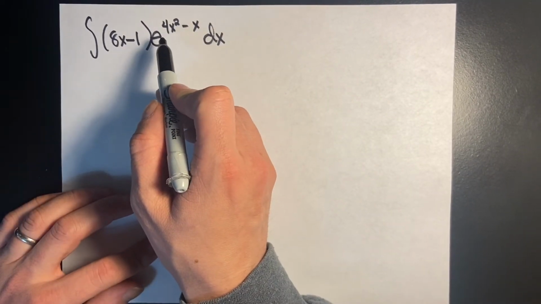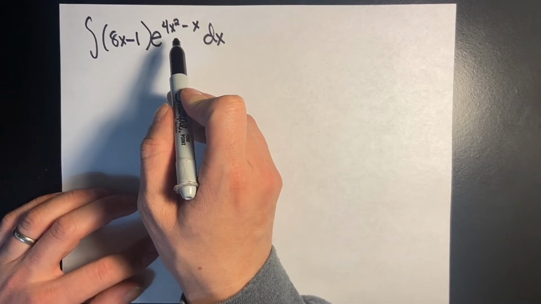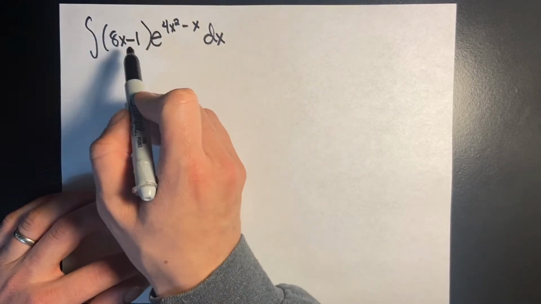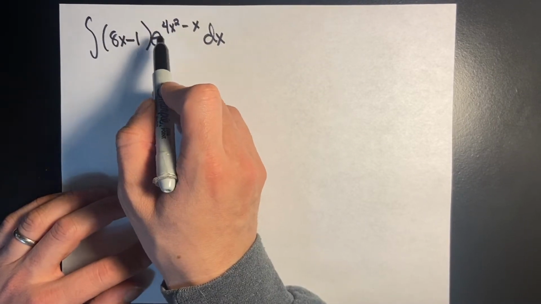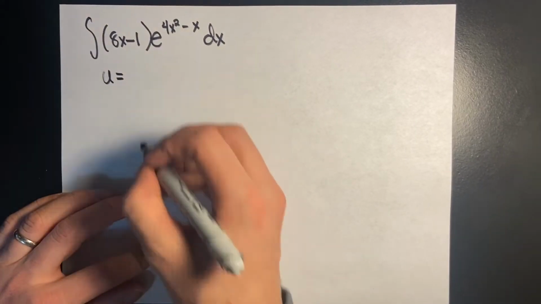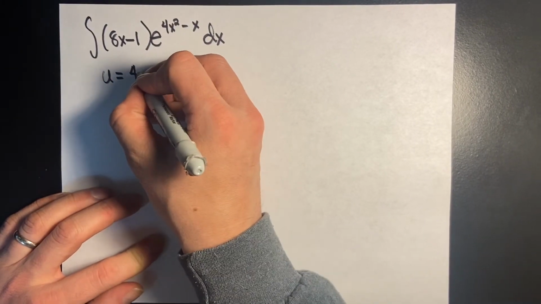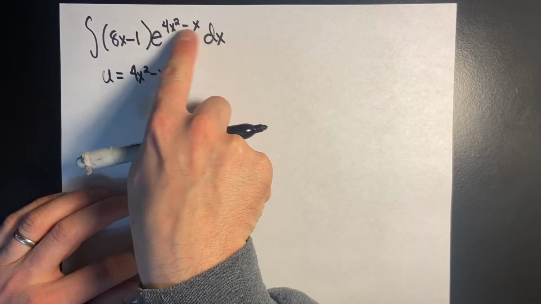However, if I take the 4x squared minus x, and in my head do the derivative of that, which is 8x minus 1, 8x minus 1 lives right there. So I'm going to set that as my u. So u is 4x squared minus x. Not e to that, just that part.